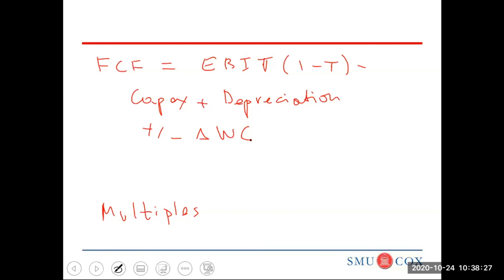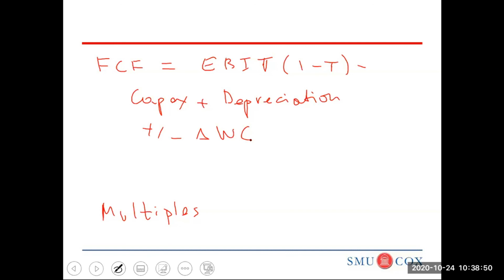Depreciation doesn't require any cash outflow. It's just an accounting entry to account for the capital that you've used in your business. When companies show adjustments from net income to cash flow, that's where you usually find it. So yeah, that's the right answer. You find it on the cash flow statement.